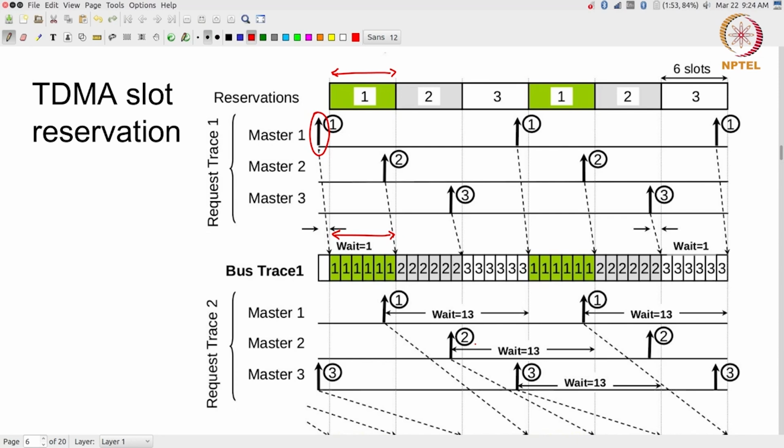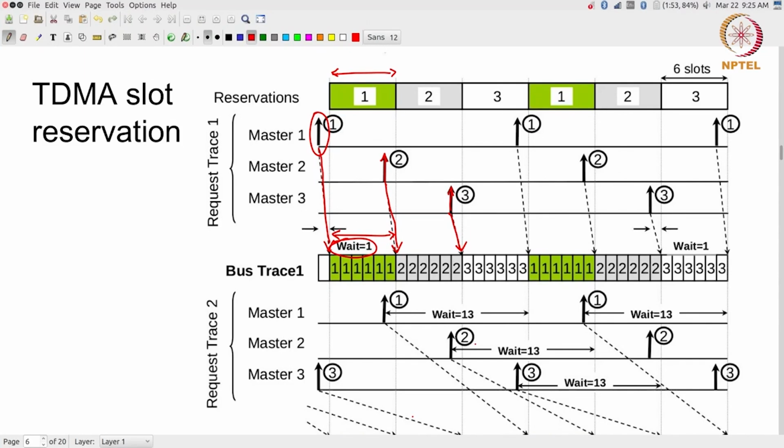That's great, because what happens is that immediately 1 clock cycle later I get access to the bus. And let's say similarly that master 2 requested over here, it also gets access 1 cycle later, master 3 requests over here and gets access 1 cycle later, and so on. So the waiting period is basically 1 in this case.